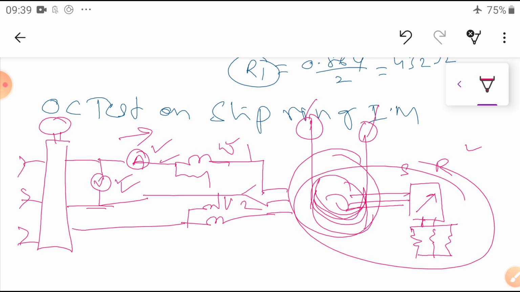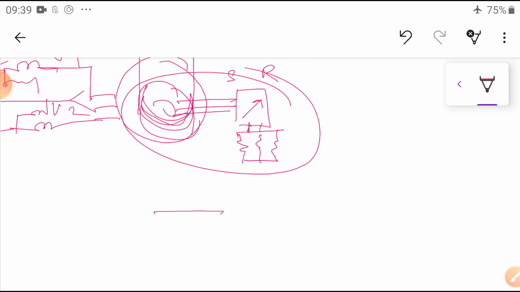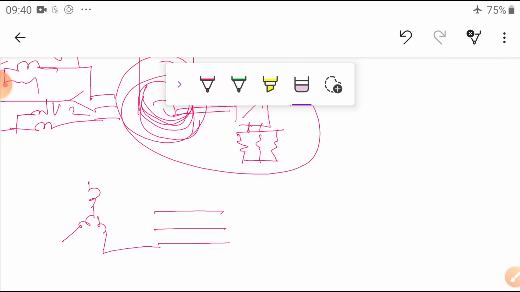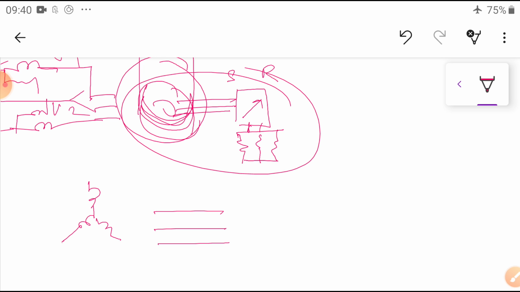Now, the rotor resistance. From the slip rings we are going to bring the connections outside. For example, this is the rotor circuit, and the stator is connected in delta.